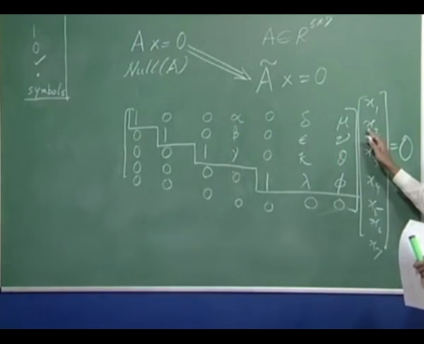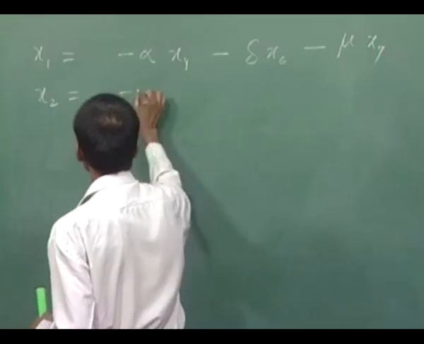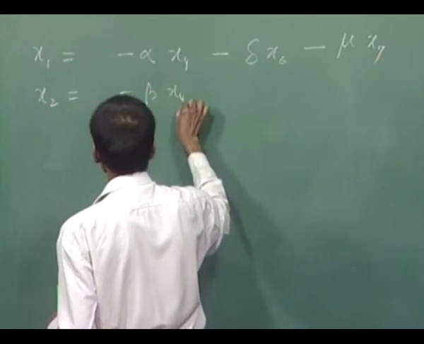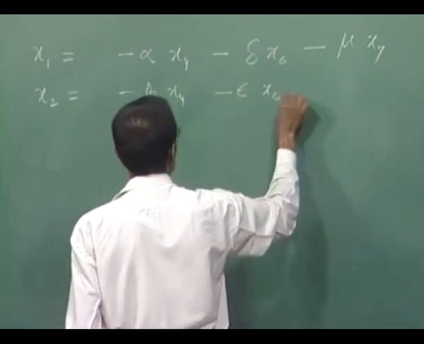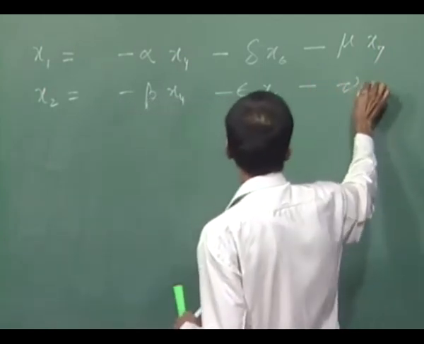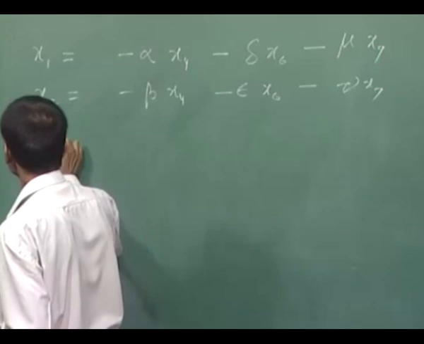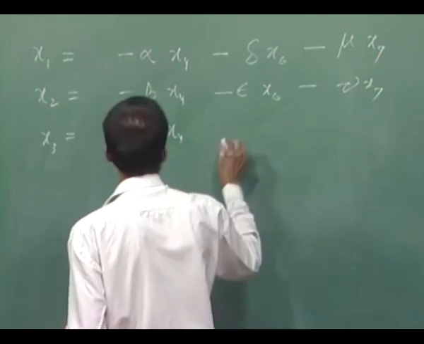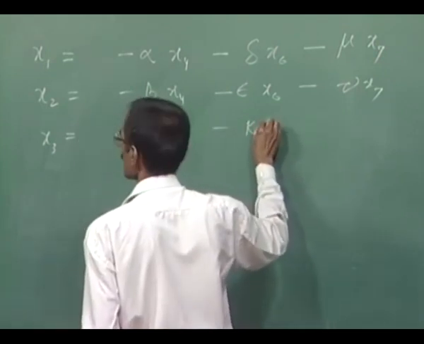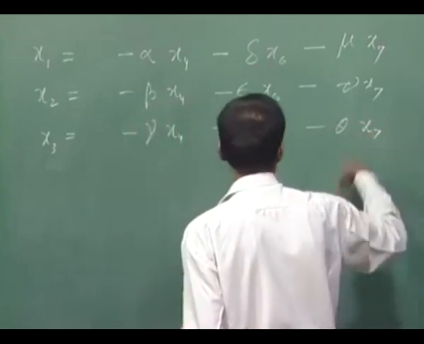Keeping x2 on one side, we take everything else on the other side, and we get minus beta x4 minus epsilon x6 minus nu x7. From the third row, we similarly get x3 as minus gamma x4 minus kappa x6 minus theta x7.